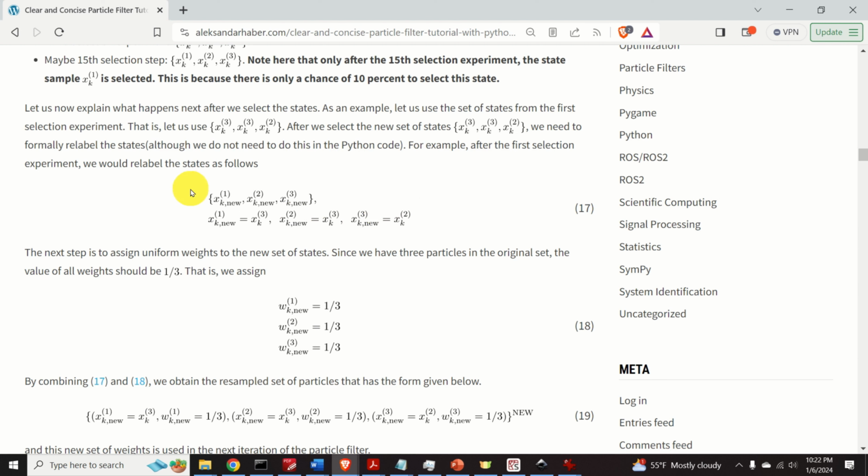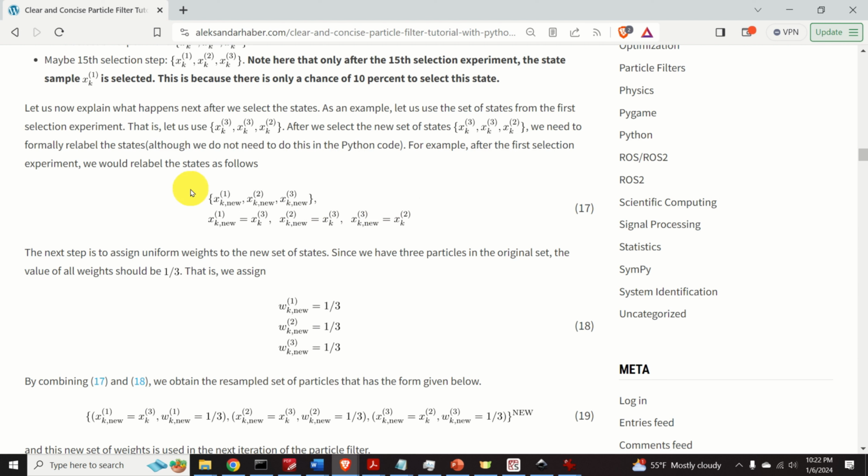Consequently, there is a higher probability of selecting 2, so the output can look like this: 1, 1, 3, 2. And this output is actually stored in this array. That is, this array contains indices of resampled particles. In our future tutorials, we will thoroughly explain how this function works. For the time being, you can type this function in your Python editor, and you can continue watching this video tutorial. Let's continue.